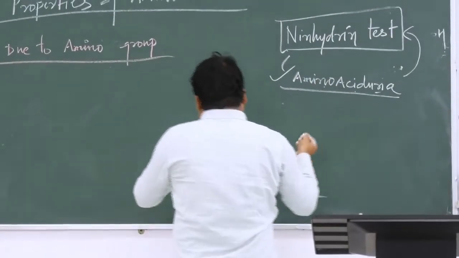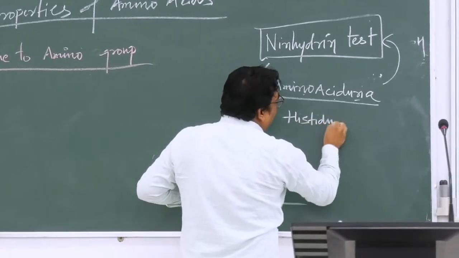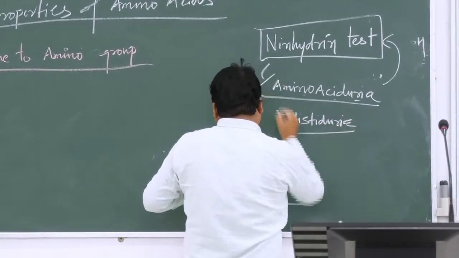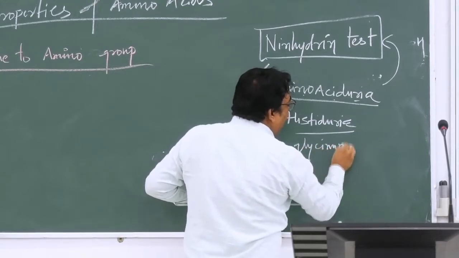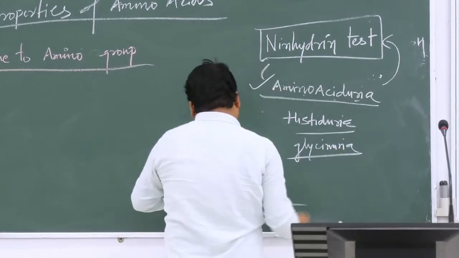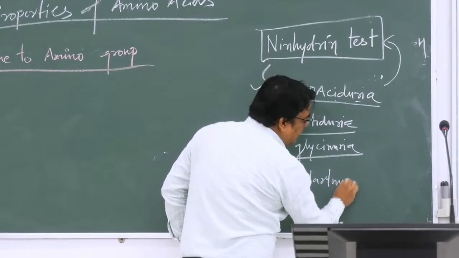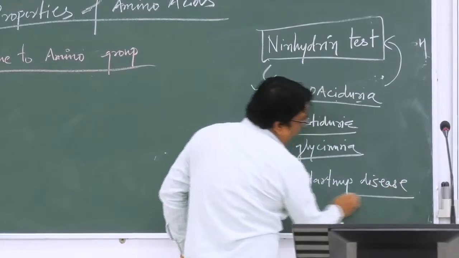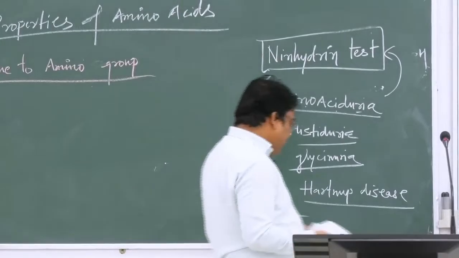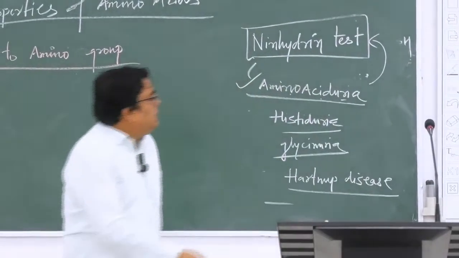Like which conditions? Like histidinuria, glycinuria, Hartnup disease, and phenylketonuria and some others. So what is the test?